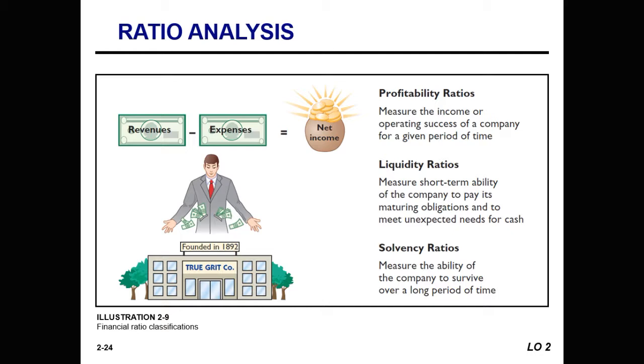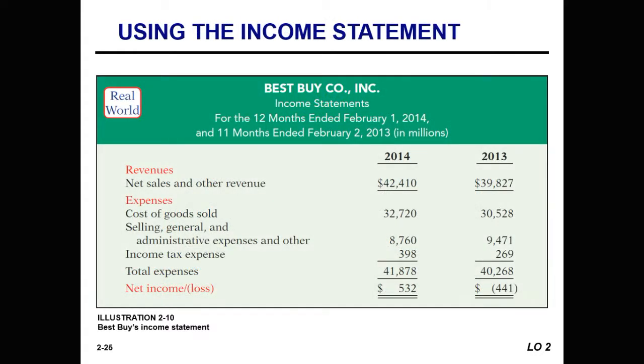Some of the ways that we have of understanding our ratios is by looking at them intra-company, which is a comparison over 2 years for the same company. We can take our ratio that we have now calculated and compare it to, say, an industry average.